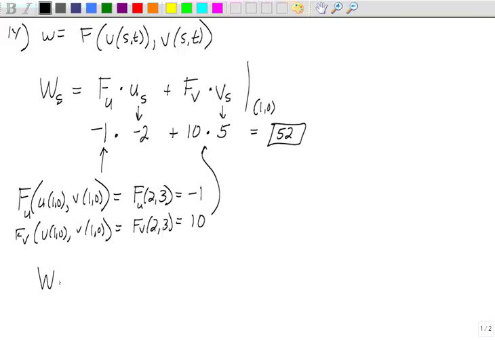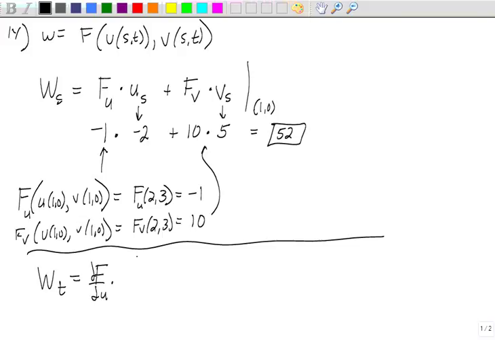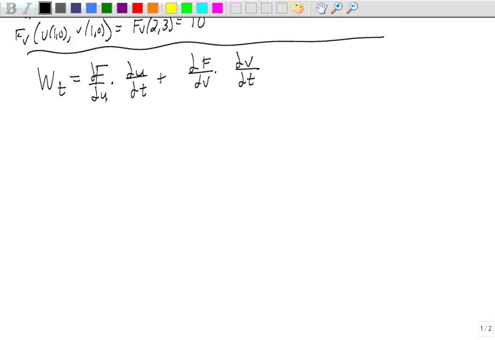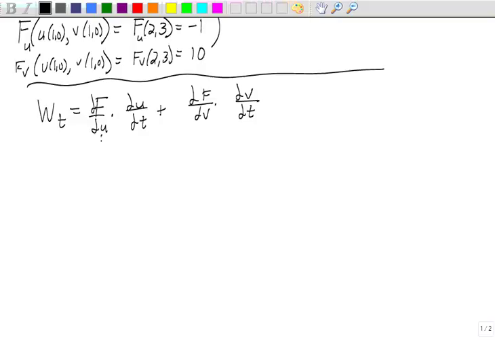And w with respect to t is partial of f with respect to u times u with respect to t, plus partial of f with respect to v times v with respect to t. And if we plug in (1, 0), again, these are going to be the same. So this we found was -1, and this was 10.